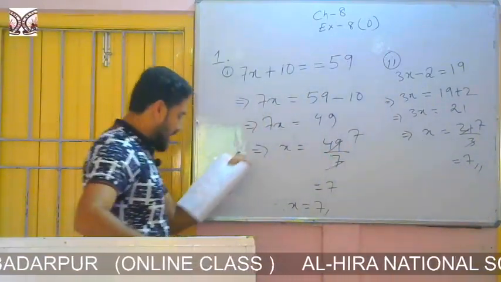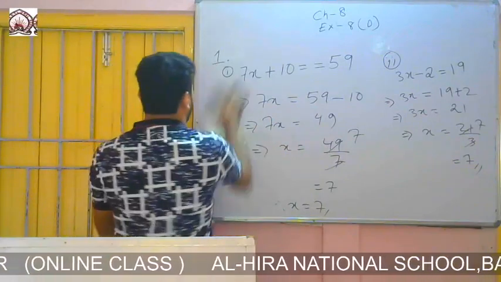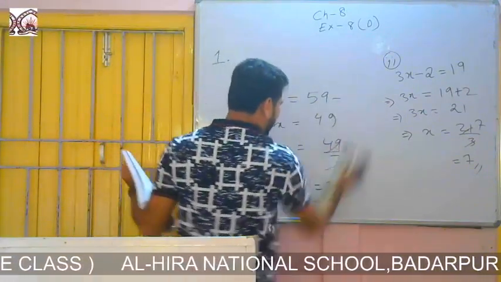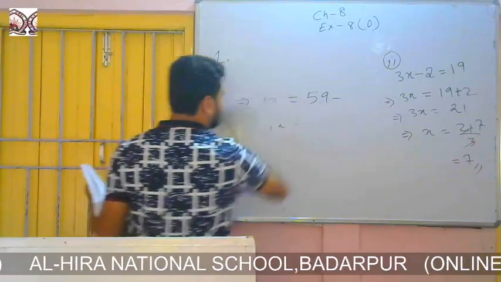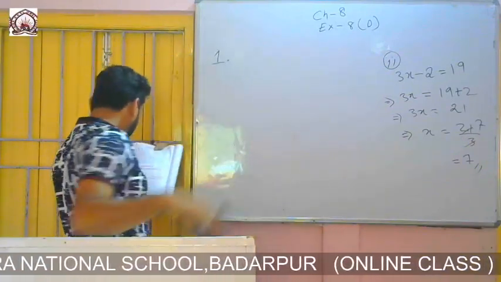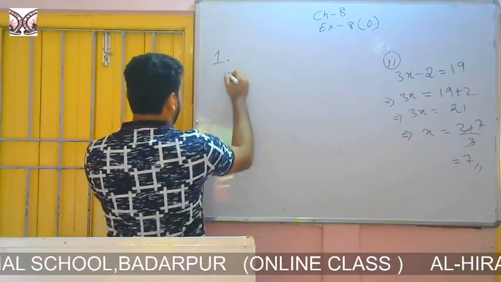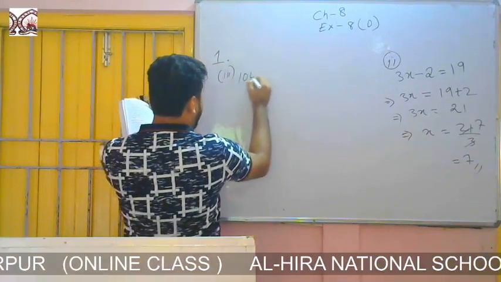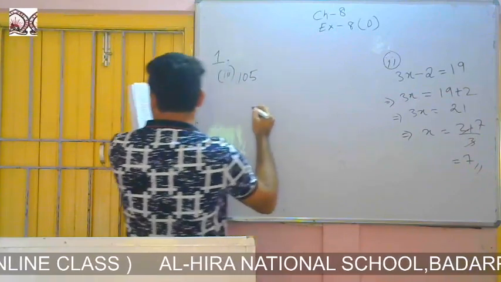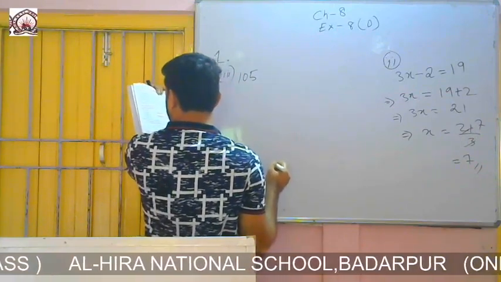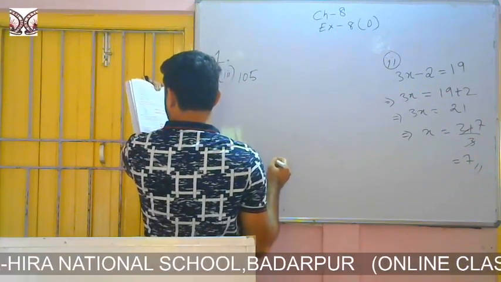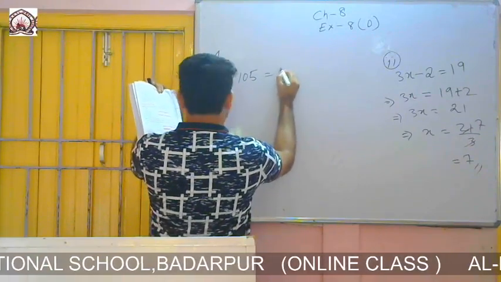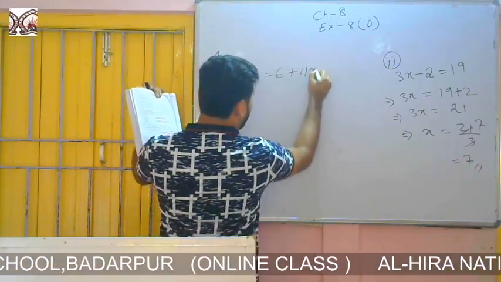Now come to question number 1, Roman 3. 105 equals 6 plus 11x.